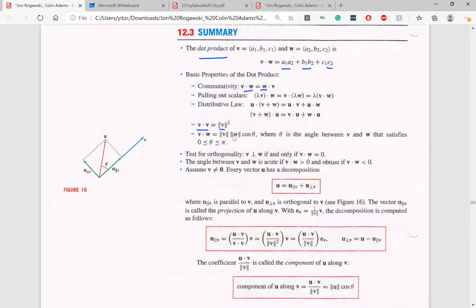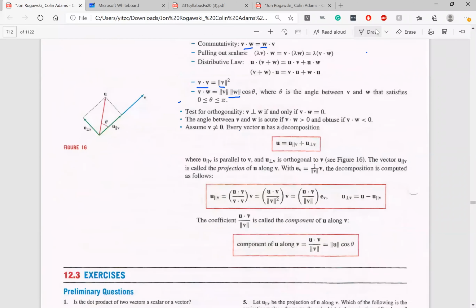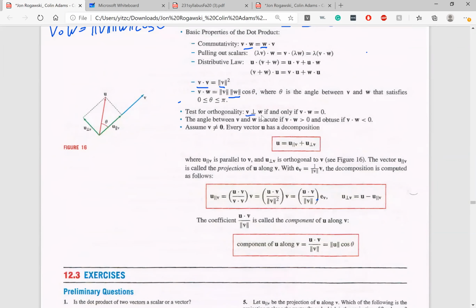And then the most important equation is this one over here, which is that v dot w is equal to the magnitude of v times the magnitude of w times cosine of the angle between your vectors. And then we said that a good test to see if v and w are orthogonal is if their dot product is equal to 0.